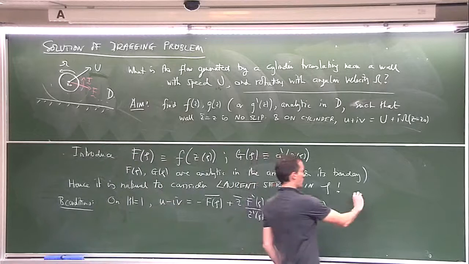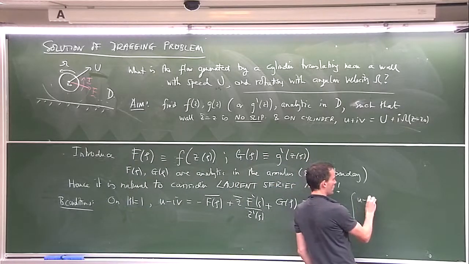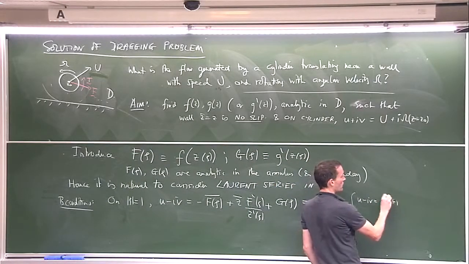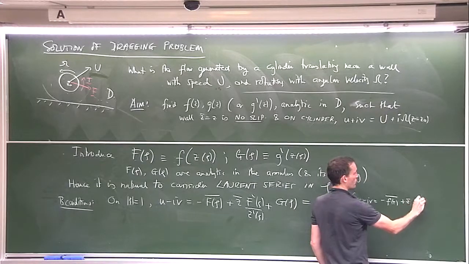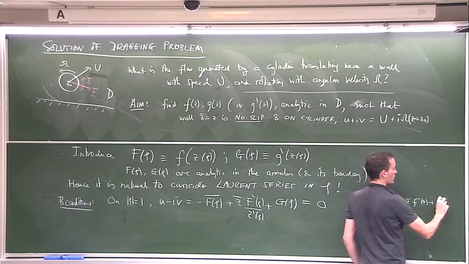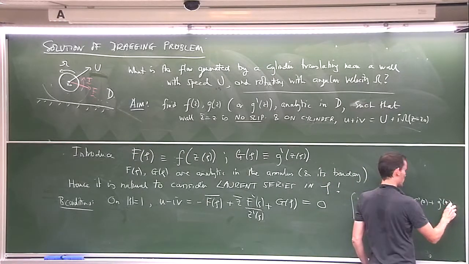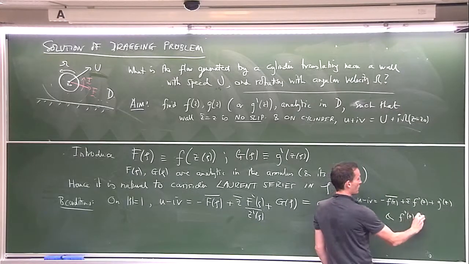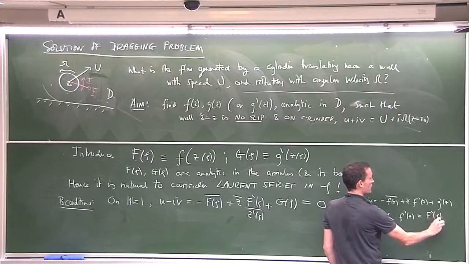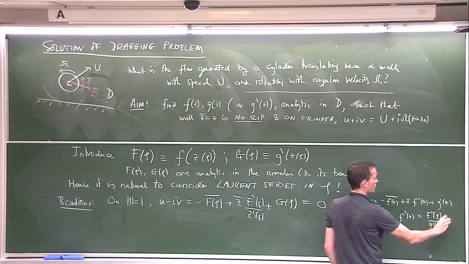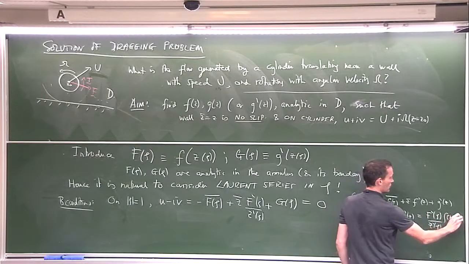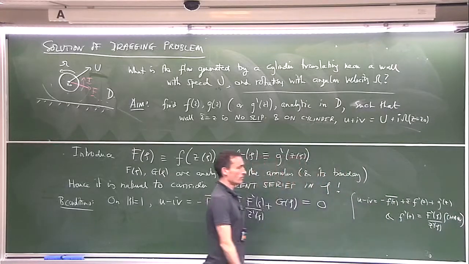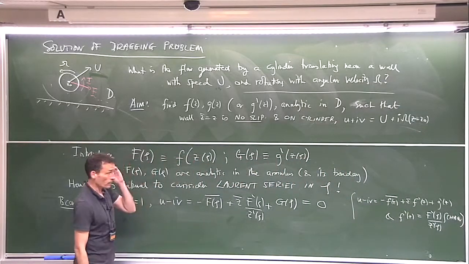Notice what I've done here. Remember, u minus iv is minus F of z bar plus z bar F prime of z plus G prime of z. And F prime of z is F prime of zeta over z prime of zeta by the chain rule. So I've used both of those facts here.